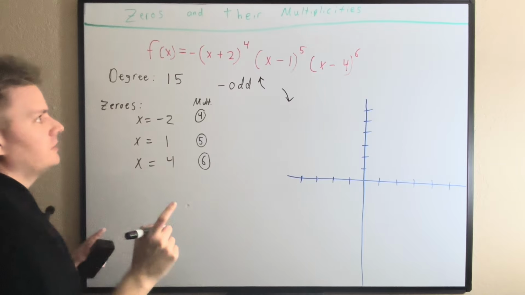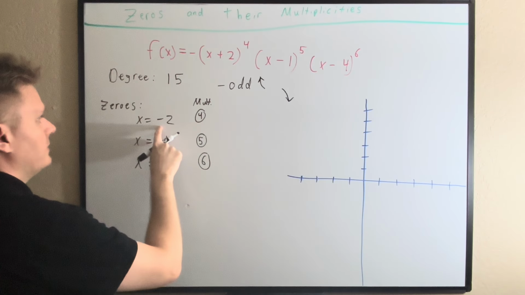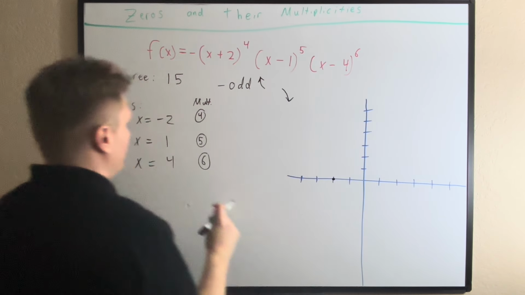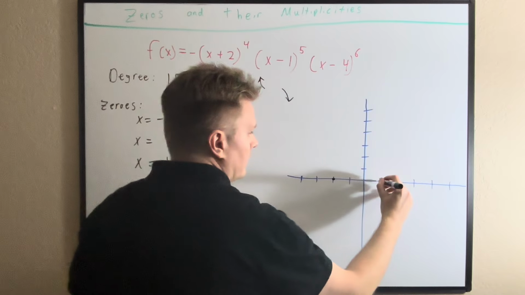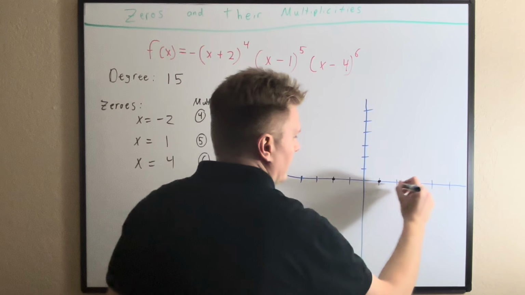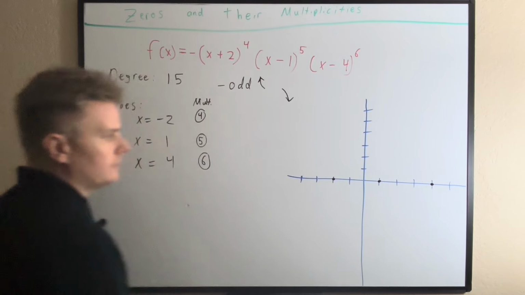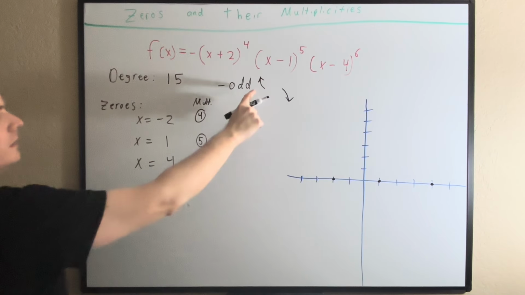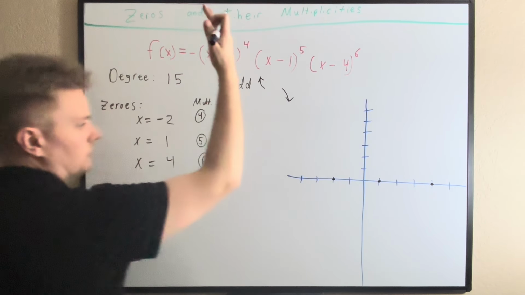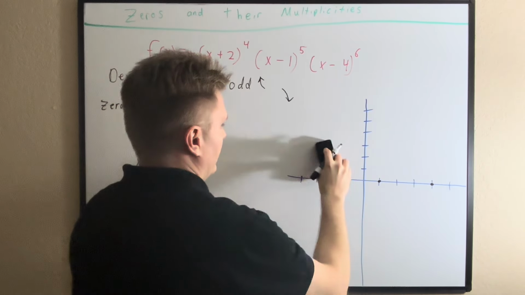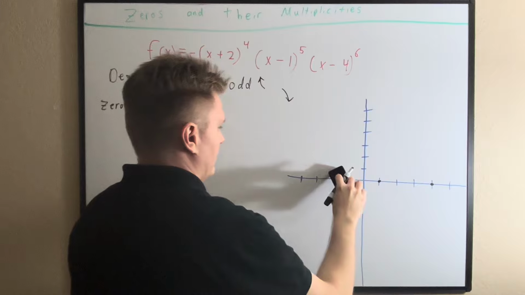Let me show you just how. So we have a 0 at -2, a 0 at +1, and a 0 at +4, right? Going up to the left, so drew too soon, okay?